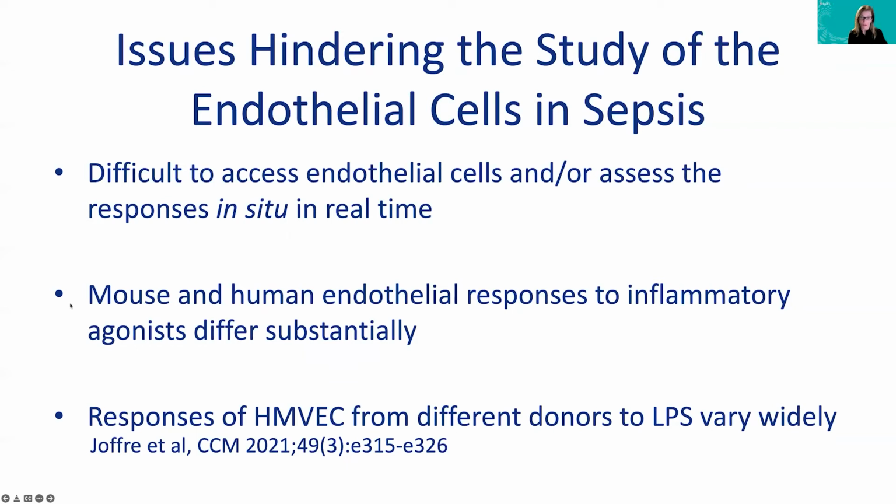Second, and as I'll show you momentarily, there are substantial differences in the sensitivity of human and mouse endothelial cells to LPS and bacteria. Namely, mouse endothelial cells are substantially less sensitive than human endothelial cells. And third, the responses of human microvascular endothelial cells from different donors to LPS vary widely. This was nicely shown in a paper that Jeremie Joffre recently published in Critical Care Medicine on catecholamines, and I'll describe a little bit of that paper in a moment.